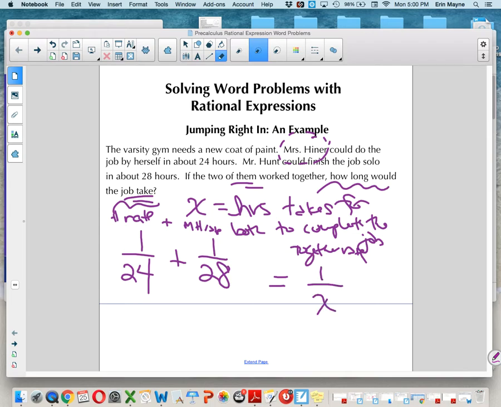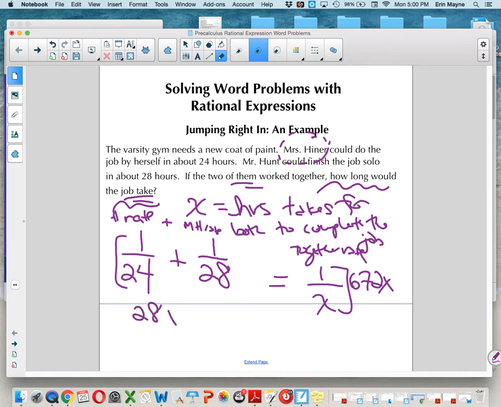Now, what you need to be thinking about is, with the most basic of rational equations, how do I solve this? Well, I find a common denominator really quickly, just for ease. 24 times 28 is 672. So my common denominator is 672x.